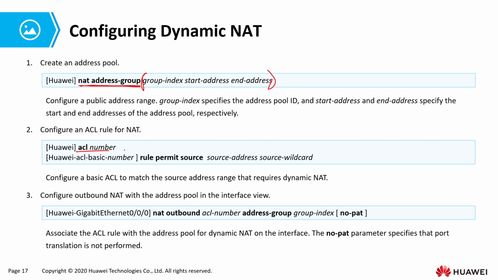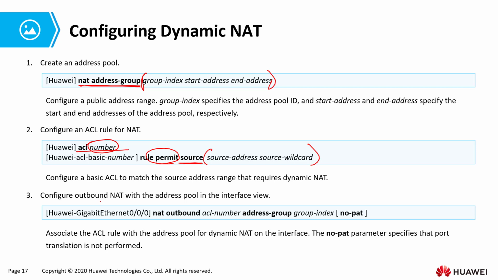So we use an ACL, specify the ACL number, and then rule permit source, specifying the source address and the source wildcard of the addresses in the network that we want to be translated. Those are the ones we permit. Others will be denied. Permit in this case means those addresses will be translated. Deny means those addresses will not be translated.